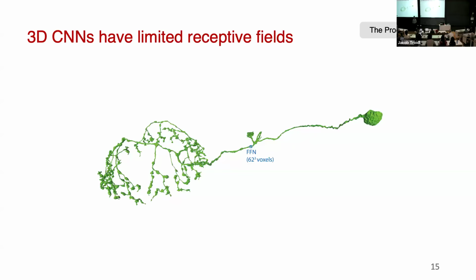And these models have very limited receptive fields that don't really map well to the sparse thin architecture of neurons. So for example, here, this is one neuron, a fly neuron. And what you can see here is the field of view that a particular segmentation algorithm that's the workhorse in connectomics has. And that's very small in relation to how big this neuron is.